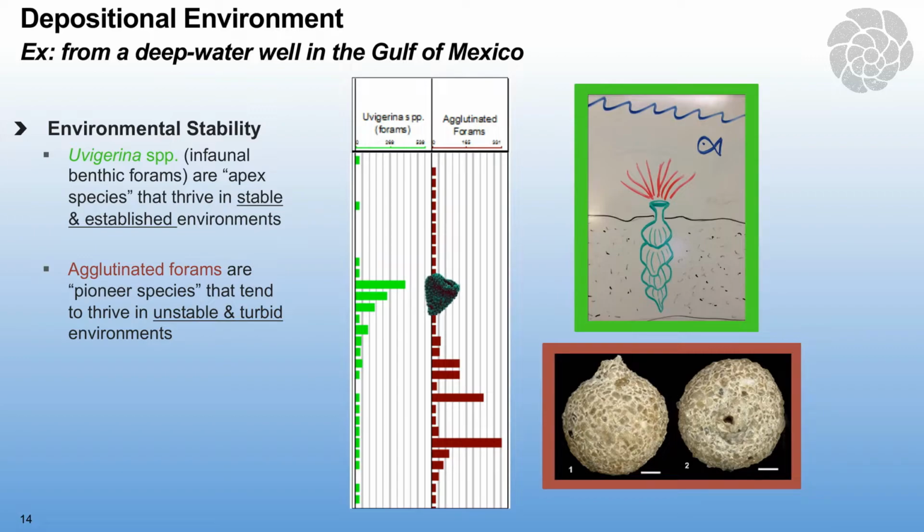So we can see where our environment has gone from unstable here, filled with agglutinated forams that need this clastic input to build their tests, to an environment that stabilizes, and we see more of these Eubogerina. So that helps us understand our depositional environment better, and that perhaps can have implications for your reservoir too.